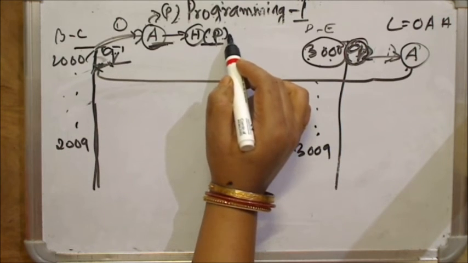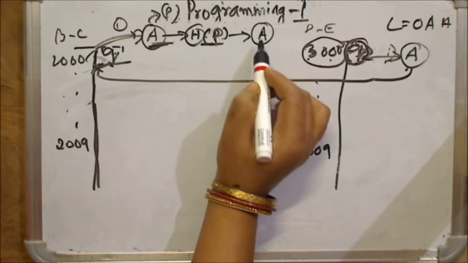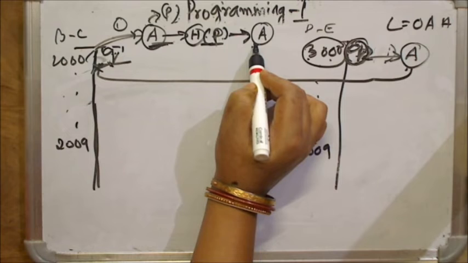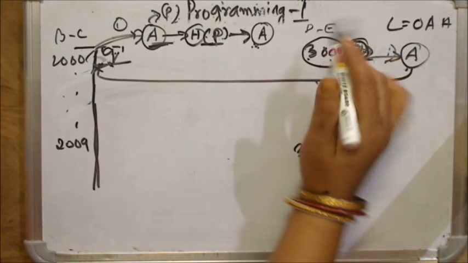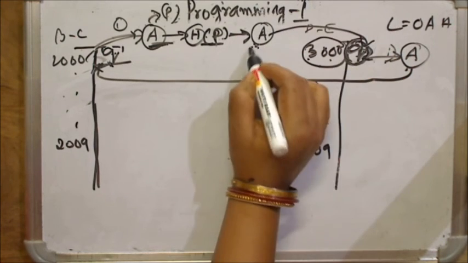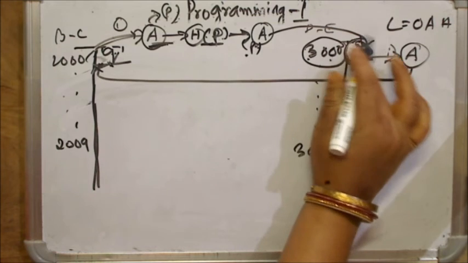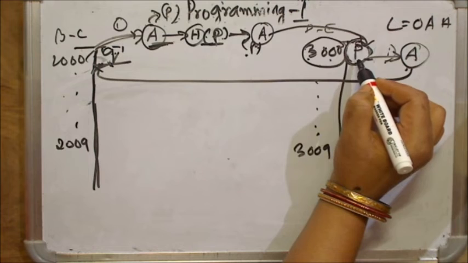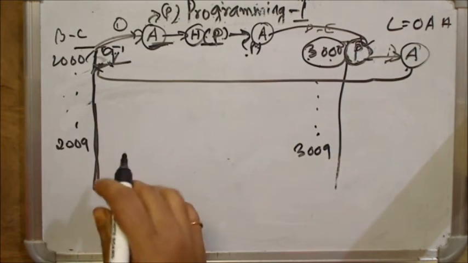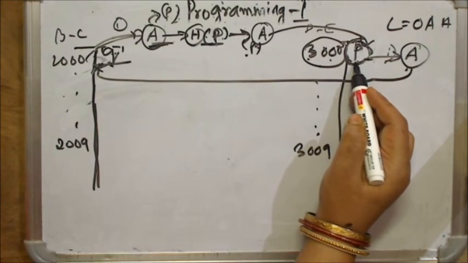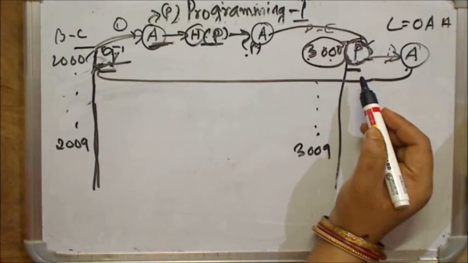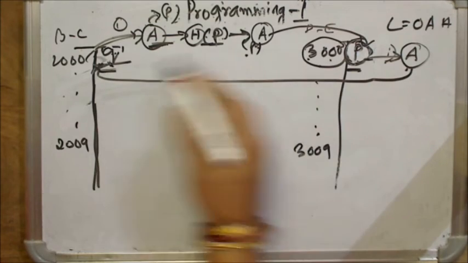H is holding P. So take the number into A, and then from A, store it in the DE pair. A is now P, so Q will be overwritten by P. So at location 2000 Q has come and at location 3000 P has come. So one exchange is over.